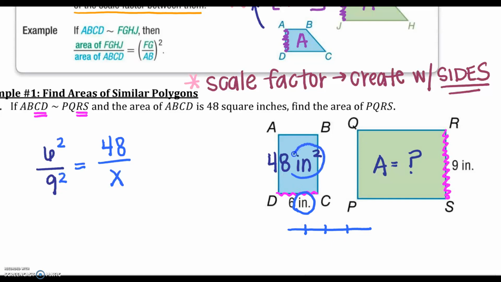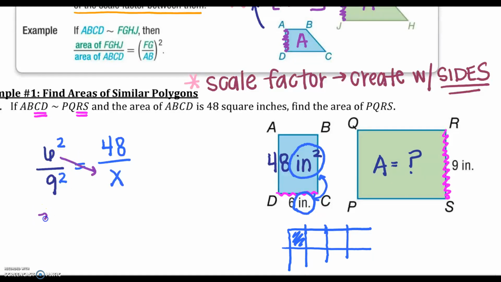This is in units squared, so this is really asking you to solve for a total area. So that's why I have to get my units the same, which is why I would square the side lengths. All right, so after I do that, I'm going to cross multiply.